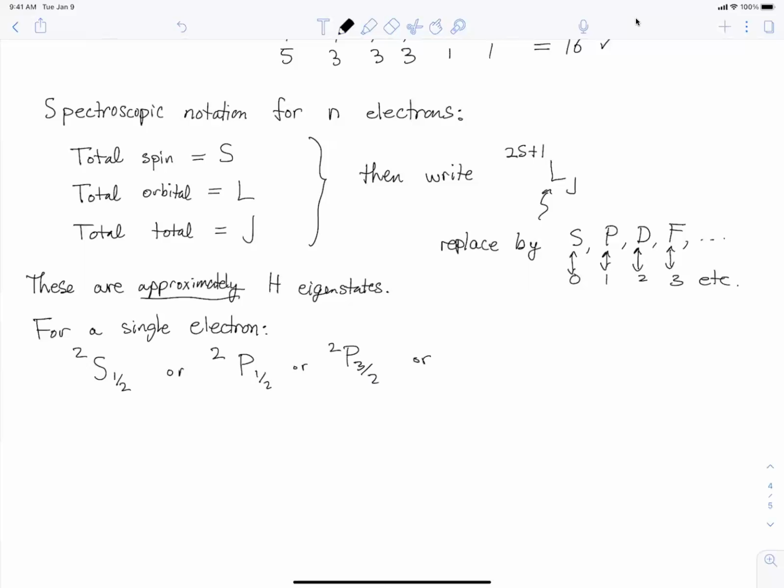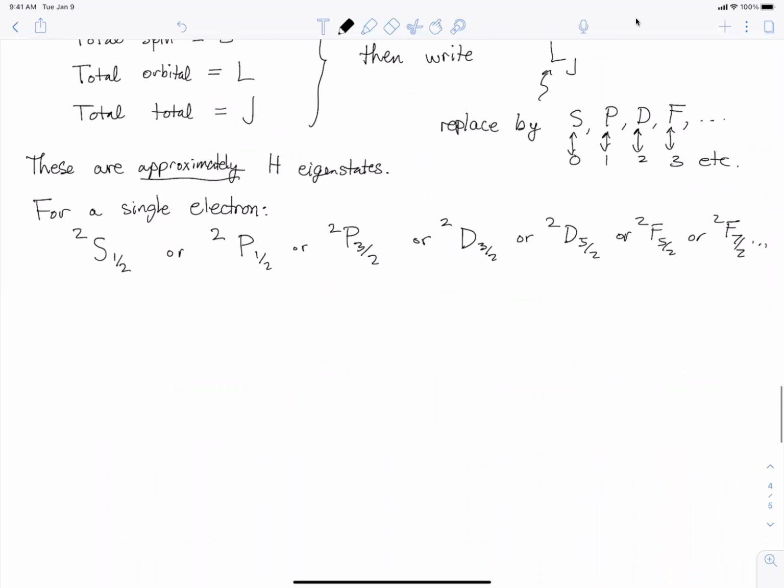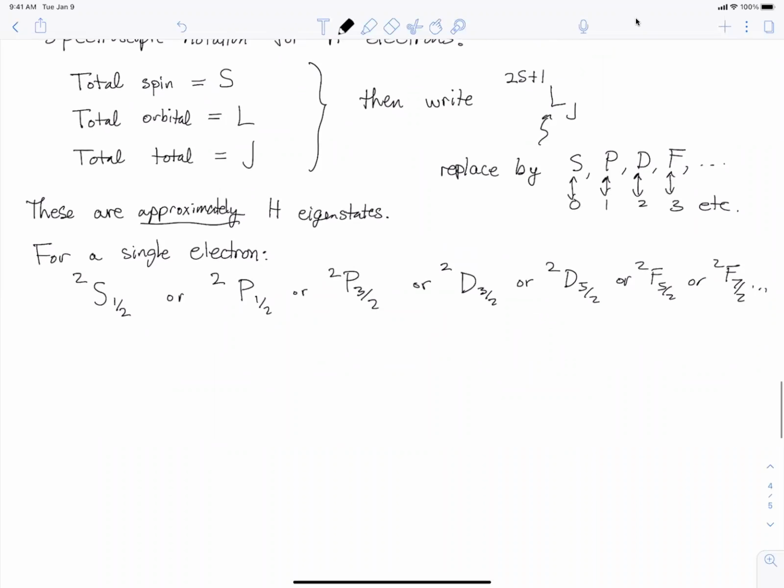Or for the D wave, which means according to the code orbital angular momentum 2, it can be 2D 3/2 or 2D 5/2, okay, or 2F 5/2 or 2F 7/2, etc. So for a single electron it's pretty easy to arrange these things into their spectroscopic notation, as we've just done.